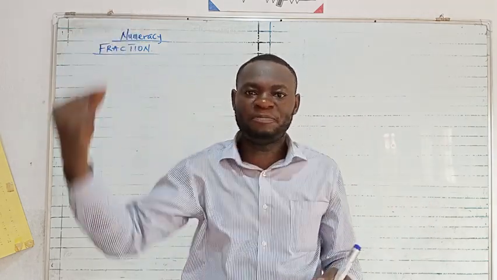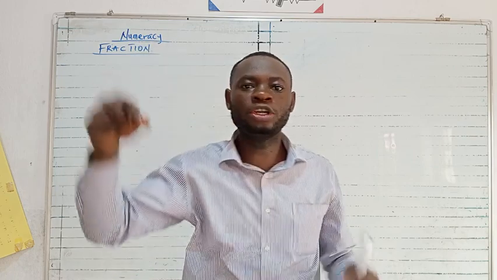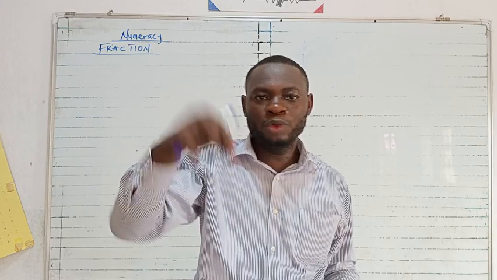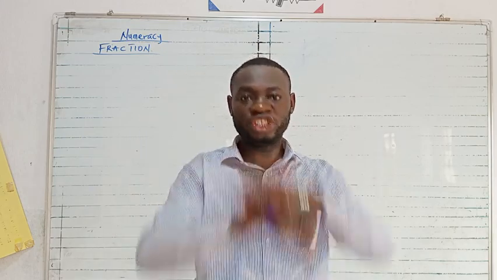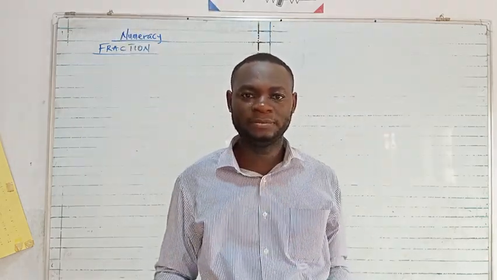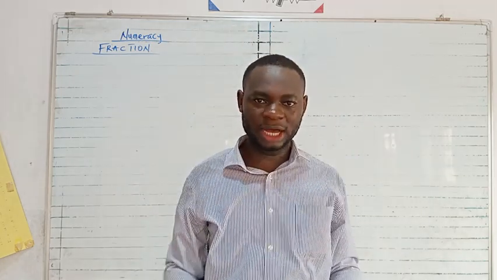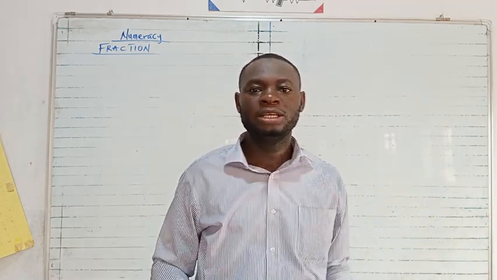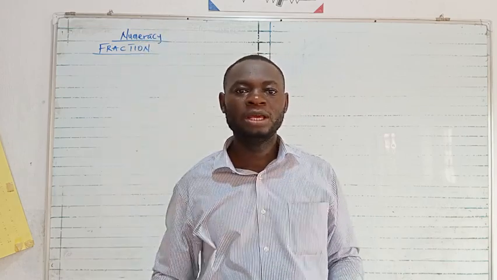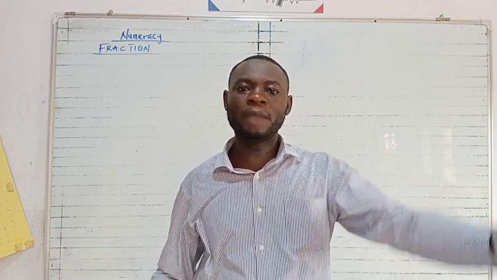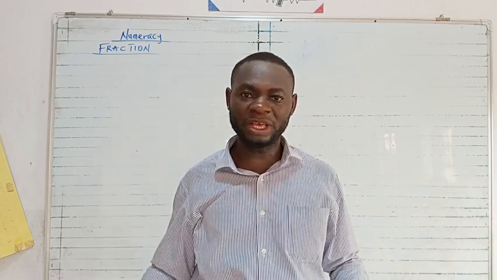Each part of the pizza is called a fraction of the whole pizza. We have one whole pizza and different parts in which that one whole was shared. So the part you took is called a fraction of the whole pizza. The part Somi takes is a fraction of the whole pizza. The part for the baby is a fraction of the whole pizza. The mommy's part is a fraction of the whole pizza.